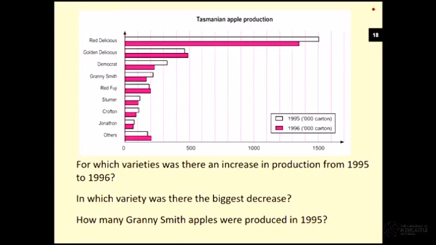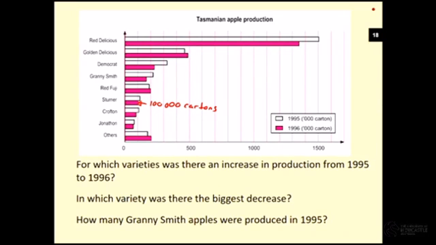So if I look at this number here and say 500, 400, 300, 200, 100, this answer looks like it's 100, but it's not really 100, it's 100,000 cartons. Because my legend tells me that this is measuring in thousands of cartons. So if the graph tells me 100, it's 100,000 cartons.